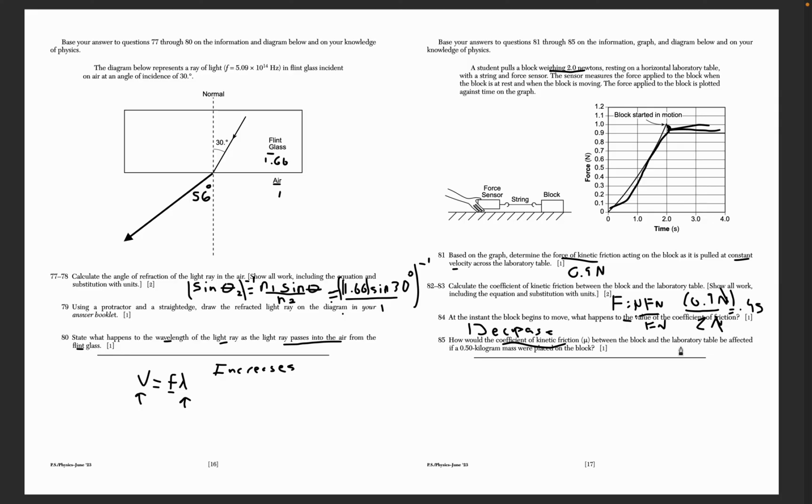Okay, if you think about it, the coefficient itself would not change. It would stay the same, because the coefficient is a property of itself. It can't change. The difference with this question is that the previous one was about the coefficient of friction changing from static to kinetic. This is just the coefficient of kinetic friction itself.